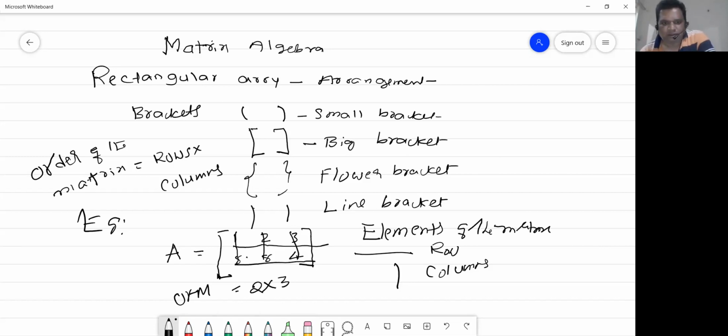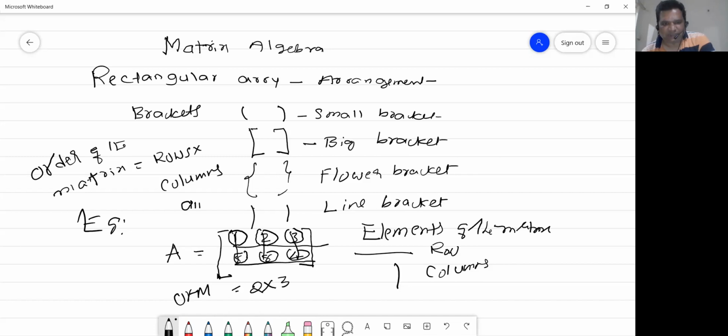In this one, this is the first element of the matrix, this is the second element, this is the third element. Similarly, this is the fourth element, fifth element, sixth element. These are the elements of the matrix. The first element is represented as a11.